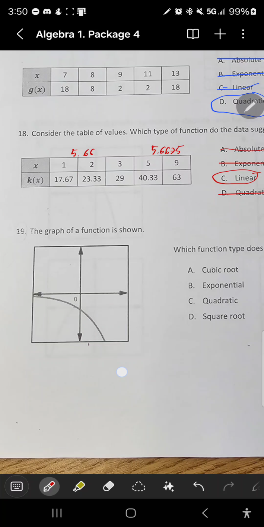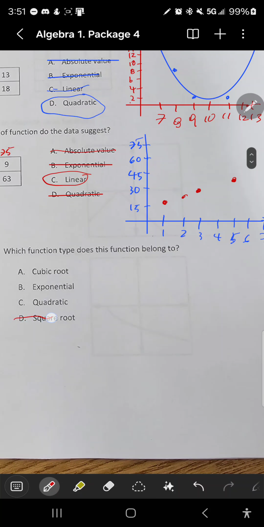For example, if I'm doing a square root of negative x, then the graph will be in the negative values, something like this. But that's not what happened here, because then it cannot be moved to the right, and it also has to have a fixed point to start. So this is not a square root.